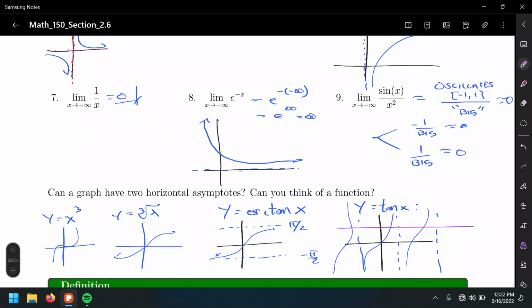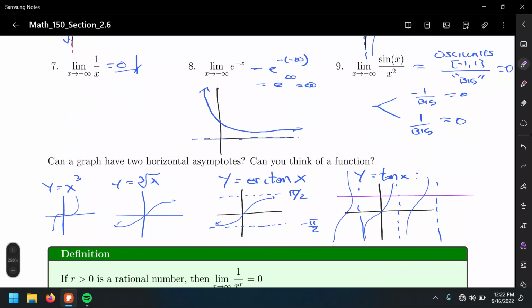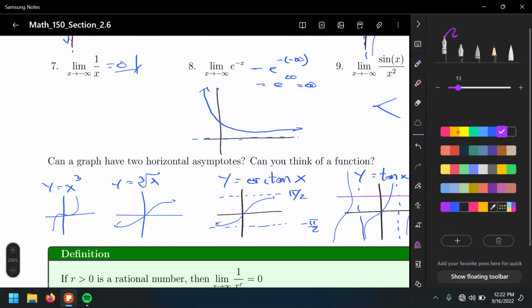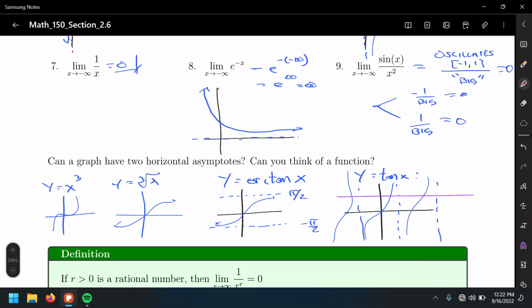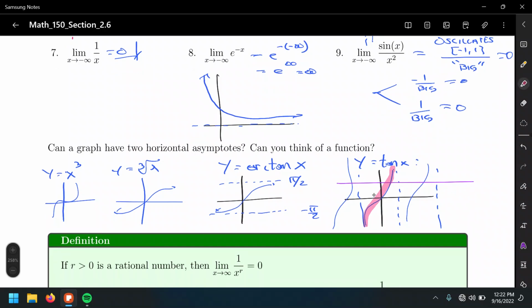Recall, this will have infinitely many graphs, because it's a periodic graph, so this function will fail the horizontal line test. However, if we restrict the domain of the function, which is one of the tricks that we did back then, if we only take this part of the graph and its asymptotes, that would become an invertible function.